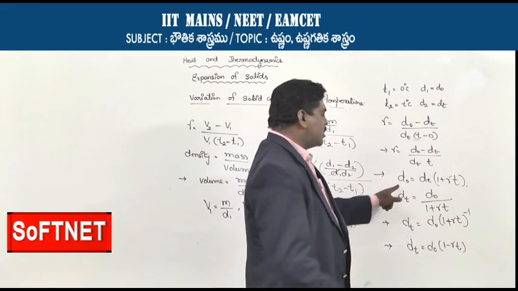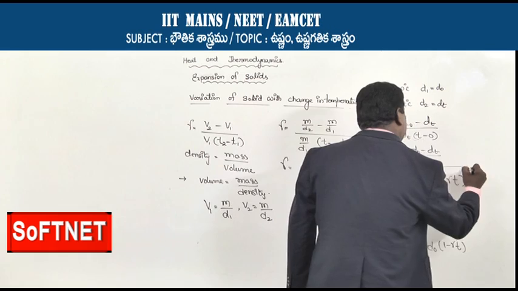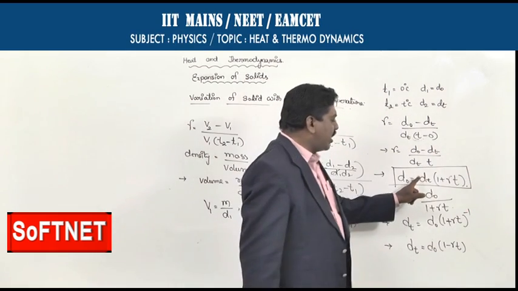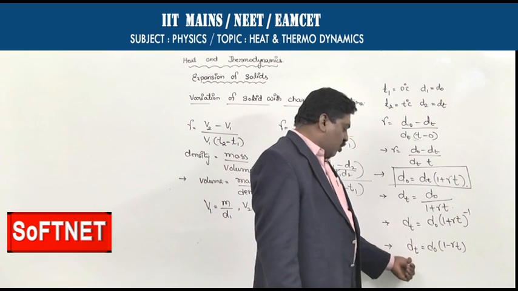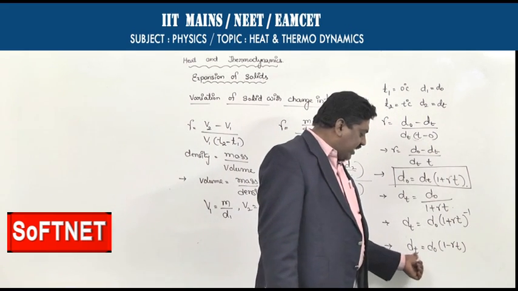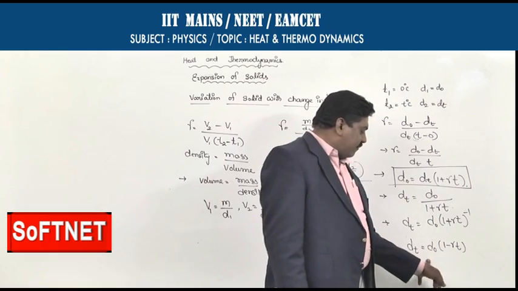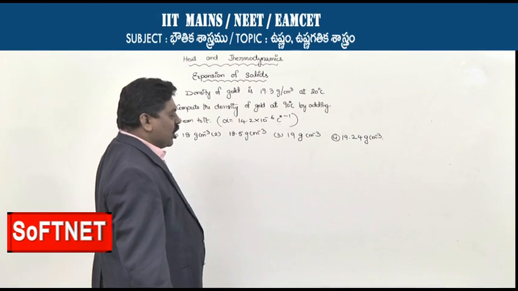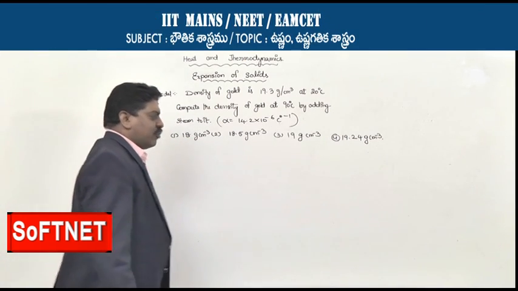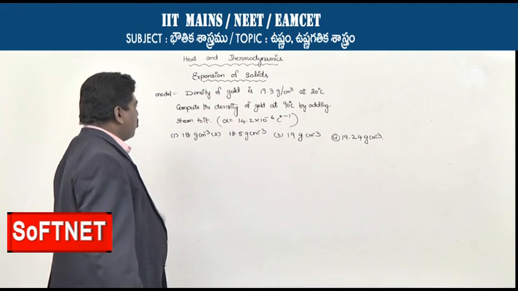So when you want density at 0 degrees Celsius, we have the formula dt into (1 plus gamma t). At the same moment, when you want the density at temperature T, you have d0 into (1 minus gamma t) as the formula.